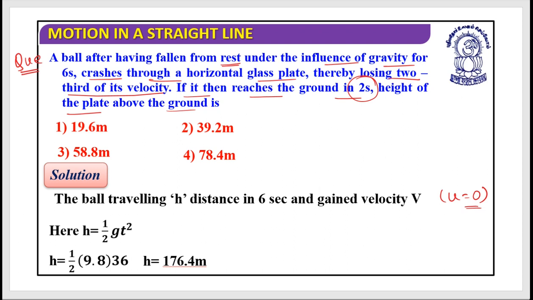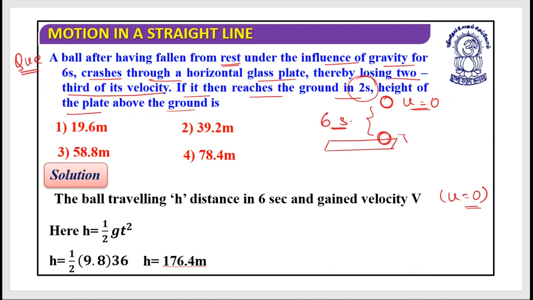Please have a rough sketch of it. What is the situation? This is u equals 0 and this would be the glass plate. The ball has been traveling from u equals 0 under the effect of gravity only, for 6 seconds. This is its journey for the 6 seconds.